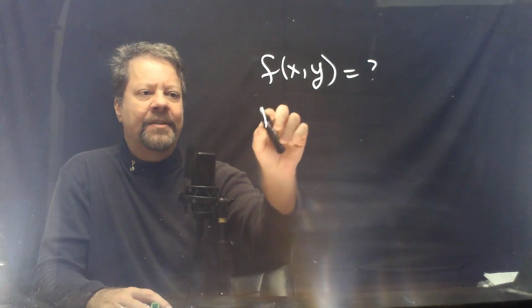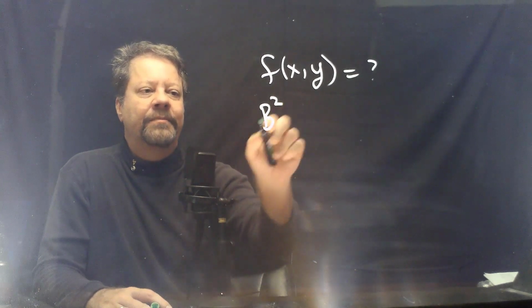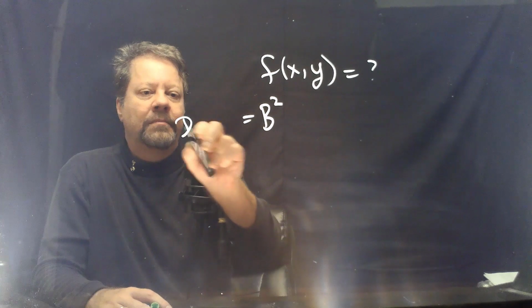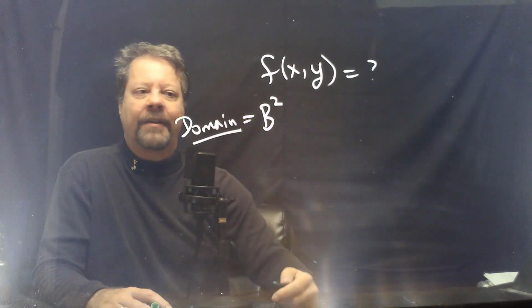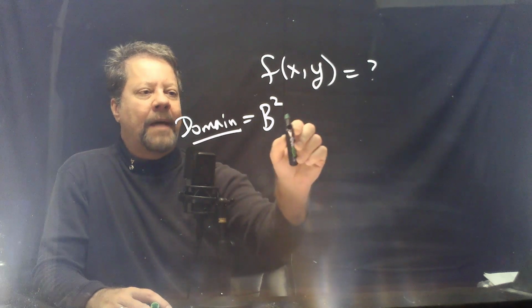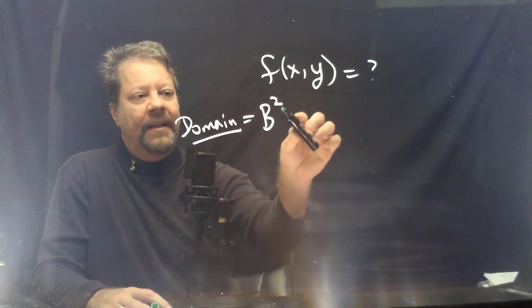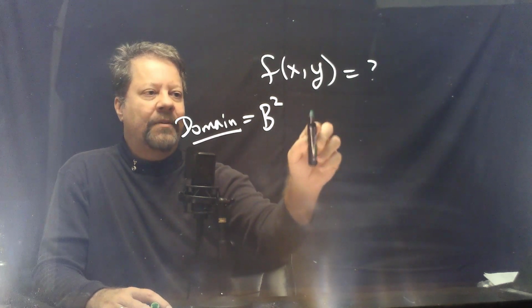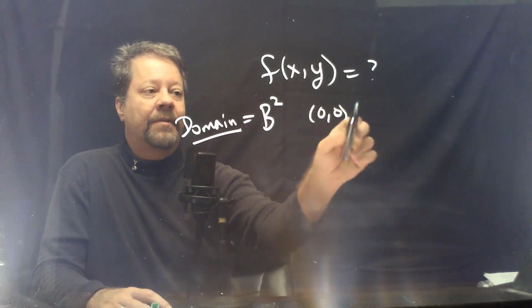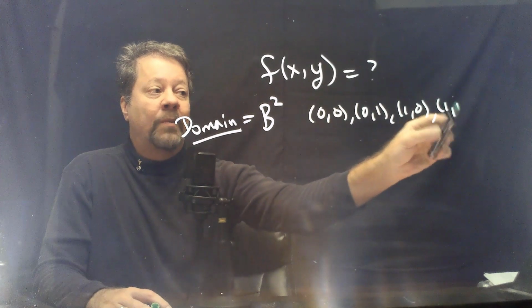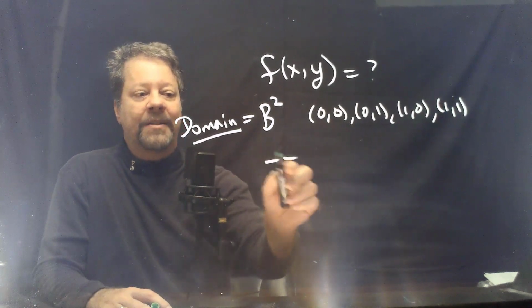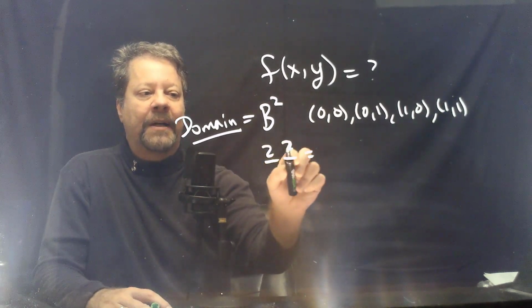So if I have a Boolean function of degree 2, I have two Boolean variables x and y, each of which can take on two different values, and the output can take on only two different values. So for each of these points, how many points are there in the domain? The domain is B2. How many elements are there in B2? Well, you have 0, 0, 0, 1, 1, 0, and 1, 1. You have two spots to fill, two things to fill each spot.